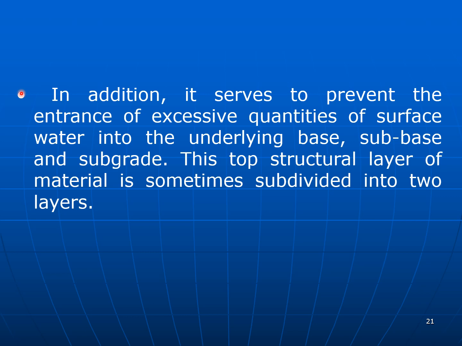In addition, it serves to prevent the entrance of excessive quantities of surface water into the underlying base, subbase, and subgrade. This top layer of material is sometimes subdivided into two layers.